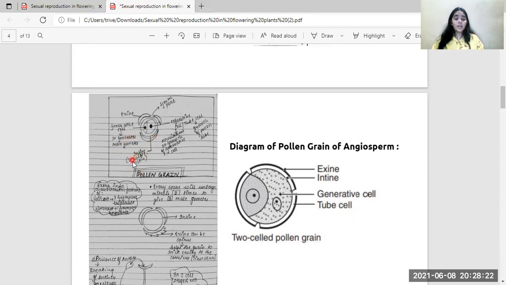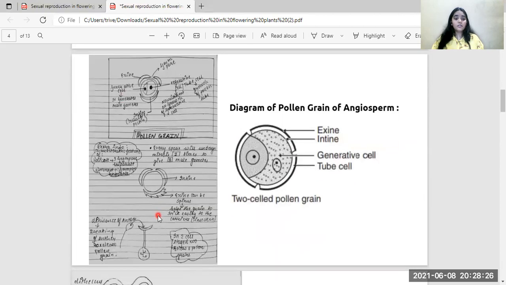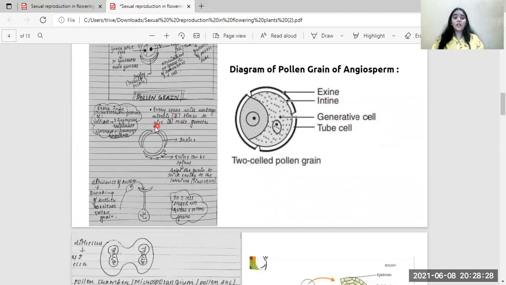The intine is made up of cellulose and pectin. Every spore will undergo mitosis two times to give eight male gametes. A characteristic feature of dicots is that they have three germ pores, and therefore they are known as triporate.